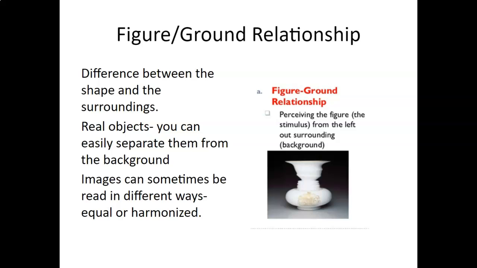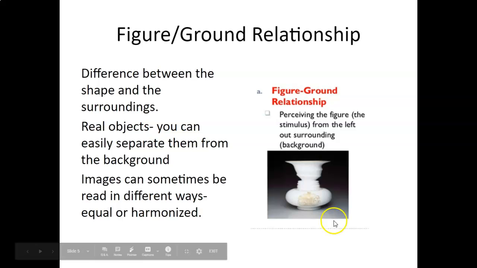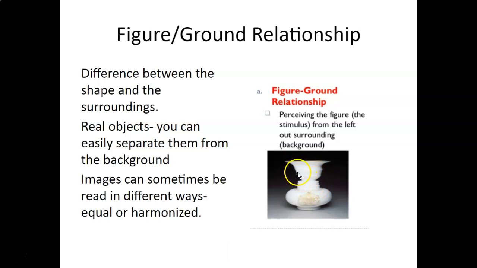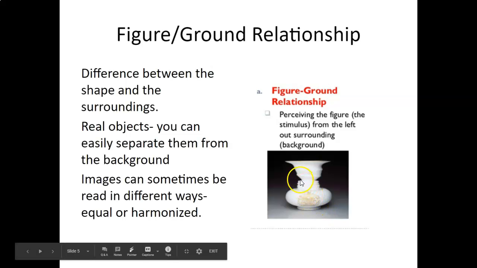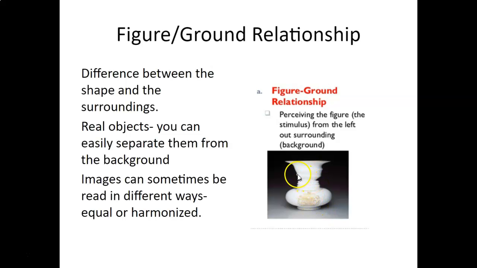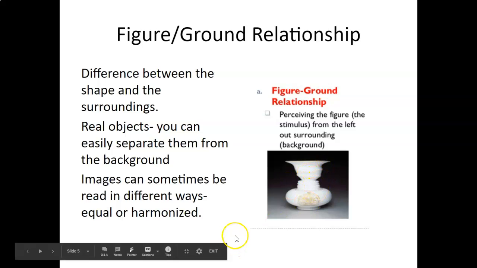But then if you look closer and notice the space around it, it looks like 2 faces looking at each other. See, there's a nose, eye, forehead, mouth, chin. They're not quite symmetrical, but they're close.